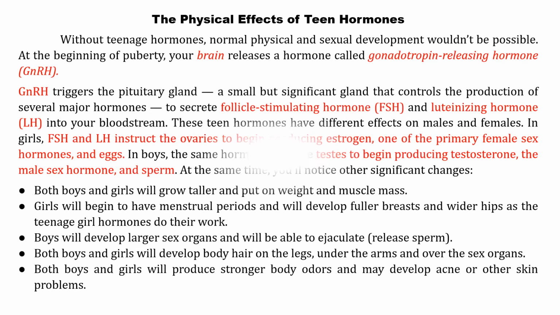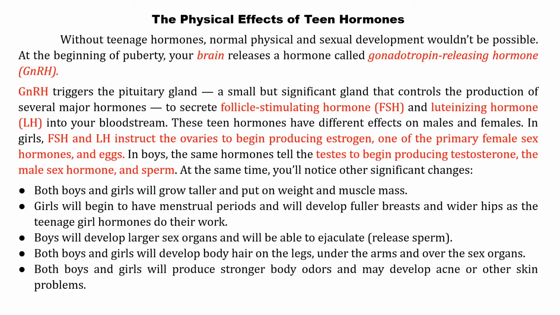Let us now move on with the physical effects of teen hormones. Teen hormones are the ones responsible for the normal physical and sexual development of a being. At the beginning of puberty, the brain releases a hormone called GnRH, which stands for gonadotropin-releasing hormone.